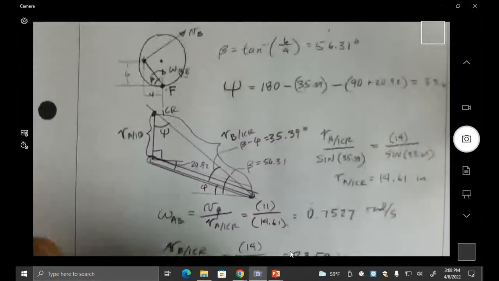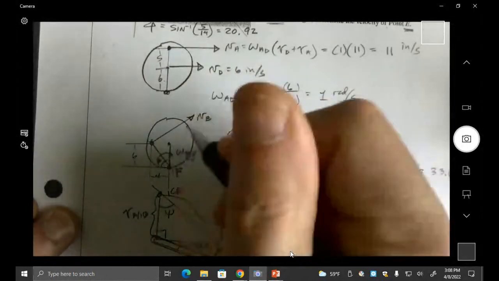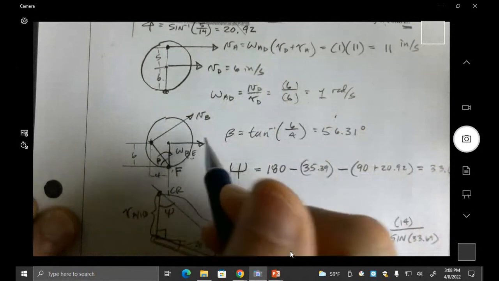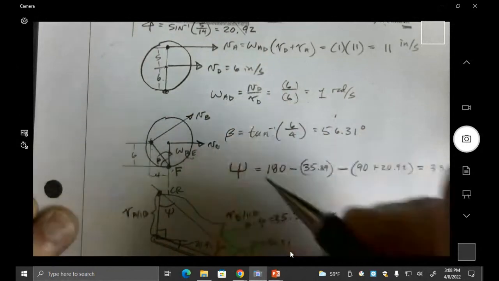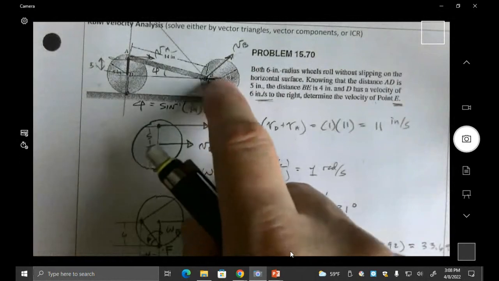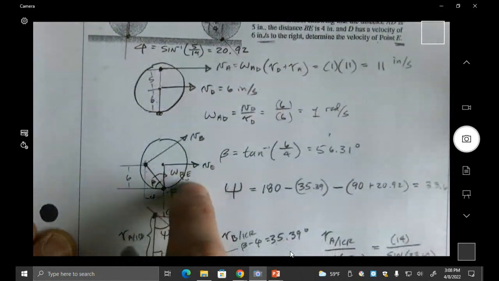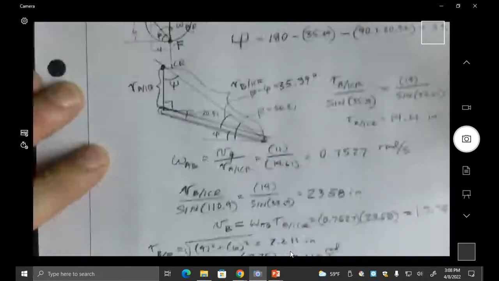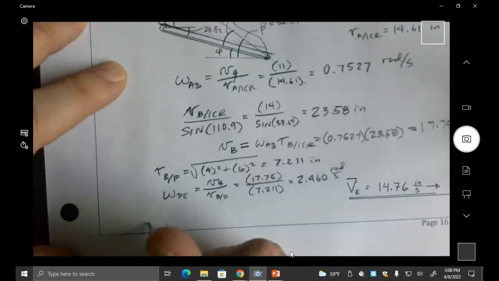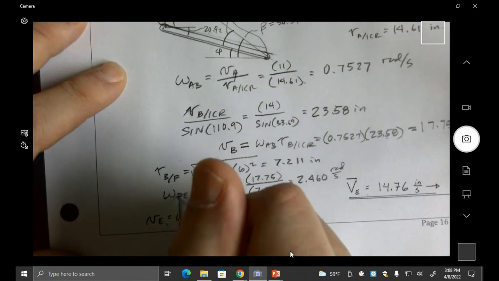And now we can come back up. I could even just do it on top of this diagram right here, right? It's going to be that, VE. So that just means it's going to be 6 inches times that omega BE. Or the velocity of E is going to be equal to omega, did I call it DE or BE? It should be BE.